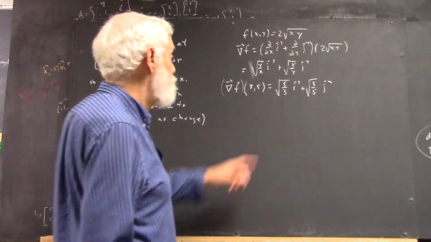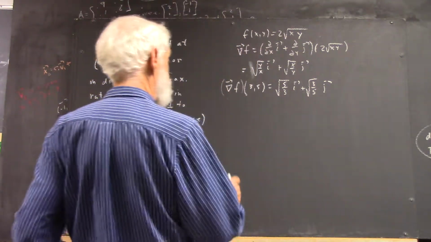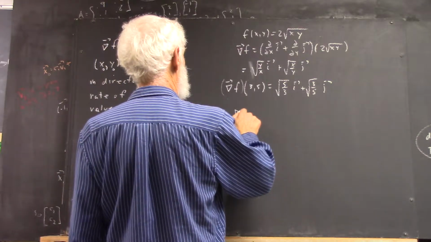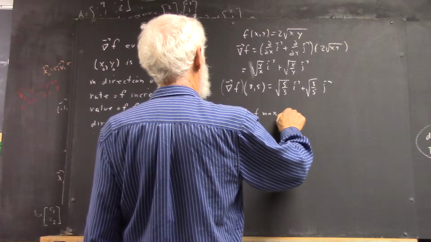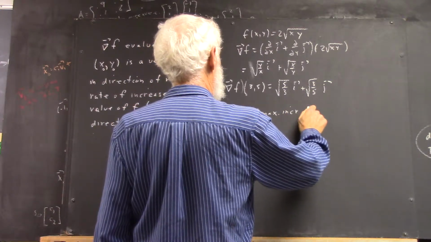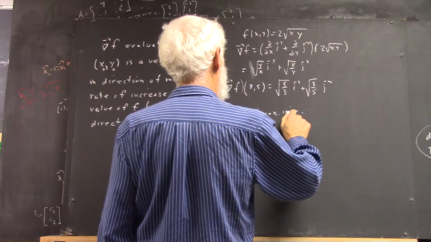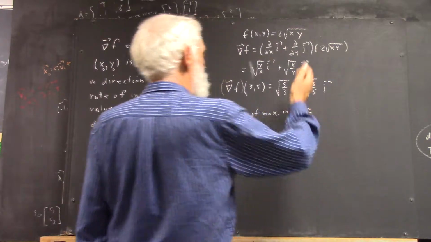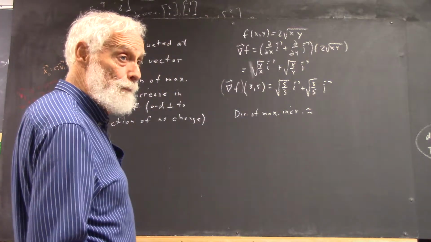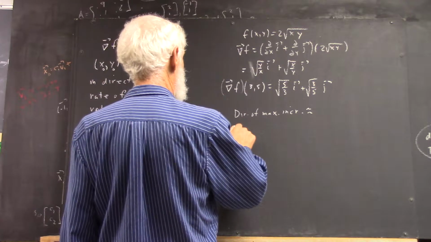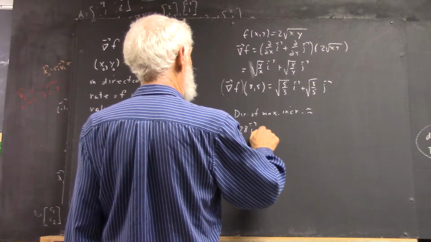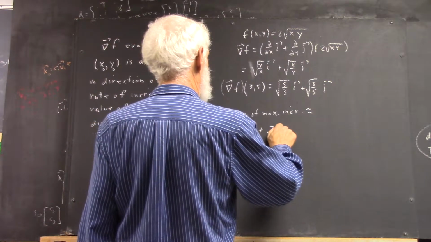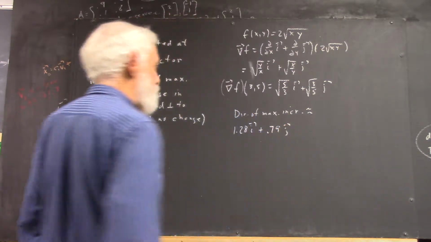Well, this direction is square root of 5/3, right? I think somebody told me it was 1.28. And this is like 0.79 j. Okay?